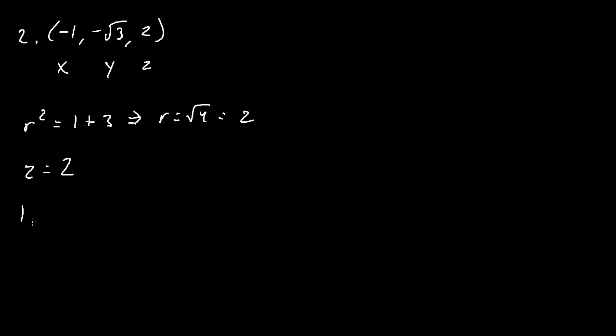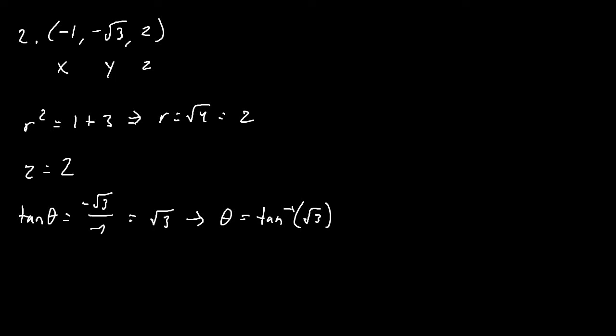And then tangent of theta will be equal to y over x. So in other words, negative square root of 3 over negative 1, or square root of 3. So in order to find theta, we must take the inverse tangent. So theta is going to be the inverse tangent, or arctangent, of the square root of 3. So arctangent of square root of 3 can either be pi over 3 or 4 pi over 3.